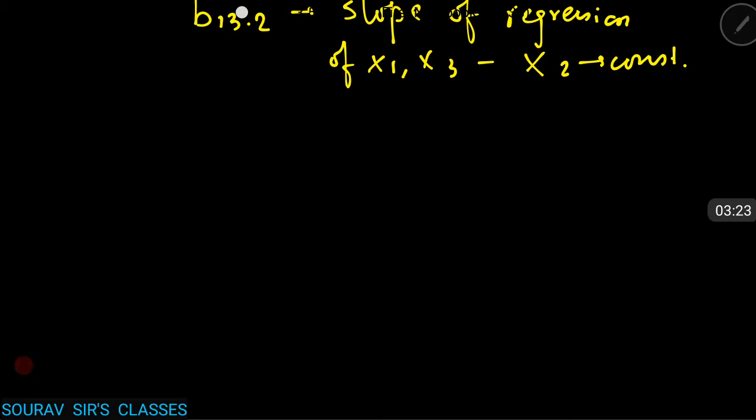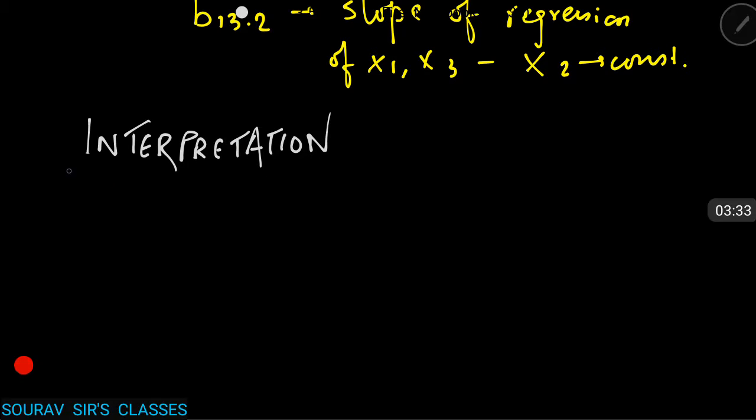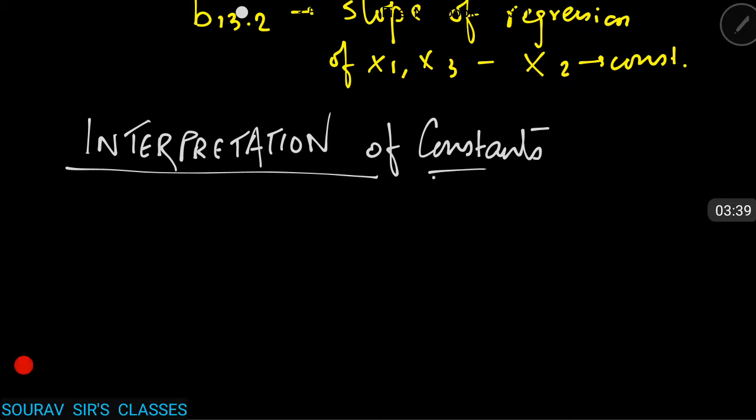Next, we will do interpretation of constants. The constant a 1.23 is the intercept made by the regression plane.